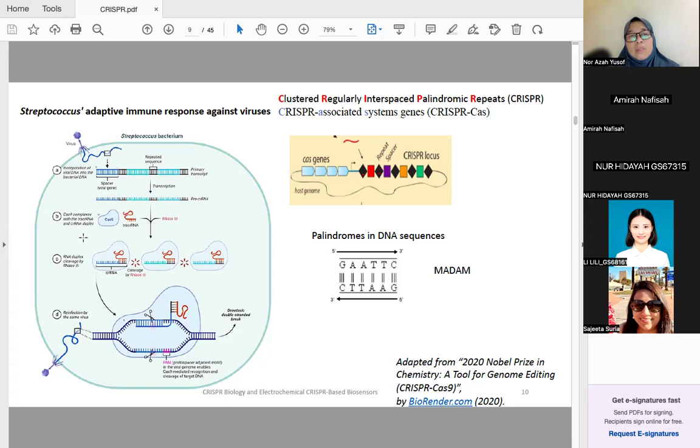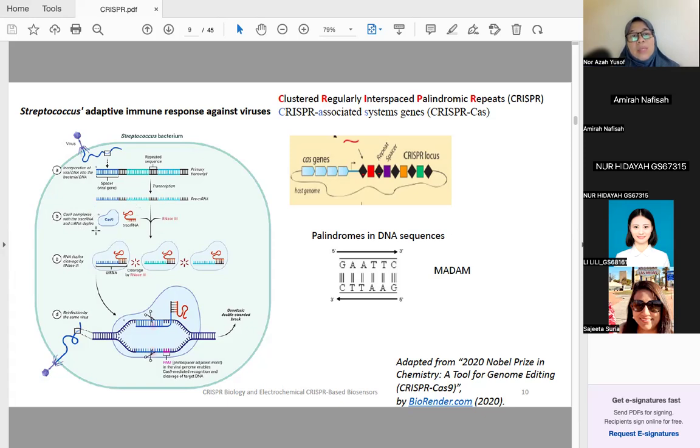So what is the function of this Cas enzyme? It can cleave. Cas9 complexes with the tracer RNA and CRISPR RNA duplex. This is something that you have to read some more. And then what are tracer RNA and CRISPR RNA?